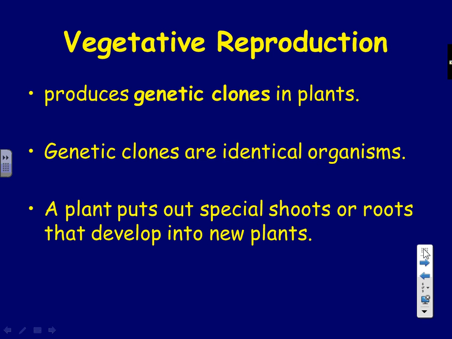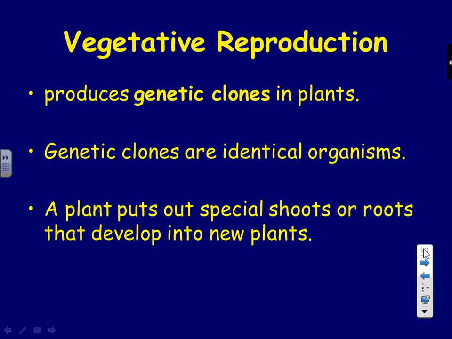Okay, one last thing. Vegetative reproduction. How do plants reproduce? There are 2 types. The first one is called vegetative reproduction. And in vegetative reproduction, we have genetic clones. In other words, they're genetically identical.